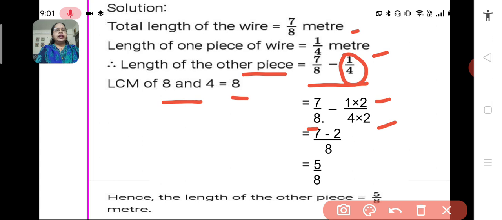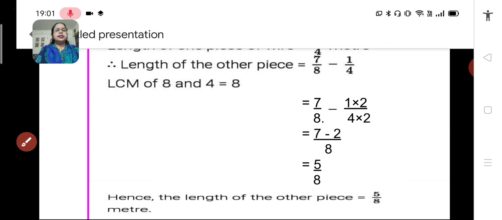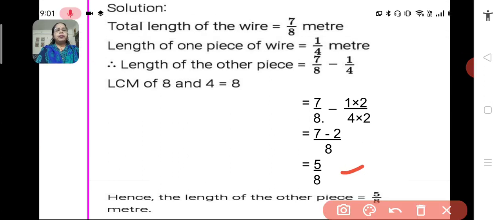We get 2 upon 8. So, next step, we retain the denominator and subtract the numerators. So, 7 minus 2 upon 8. And what will be the answer that we get? We get 5 upon 8 as the answer. So, the length of the other piece will be 5 upon 8 meter.